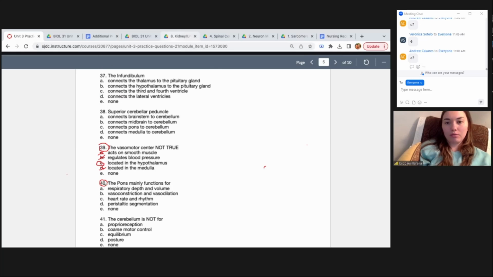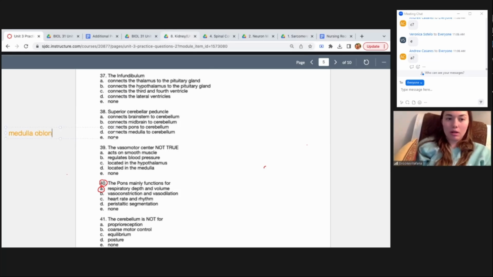Respiratory depth and volume, right? So we know the pons is a respiratory center. That means it's specializing in respirations. It's helping in respiratory depth and volume. Okay. The medulla also has a respiratory center.